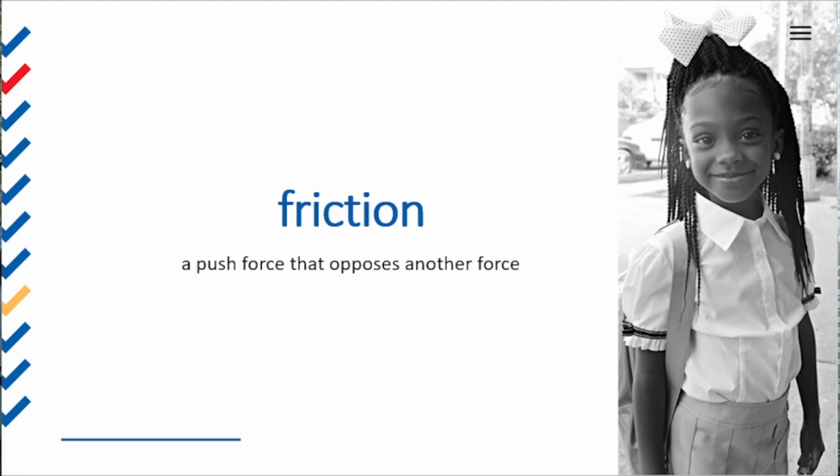Friction is a push force that opposes another force. Today, we're going to use different surfaces and different kinds of materials to move along those surfaces, and we're going to compare how friction affects their motion. So we'll be looking at how that motion might change.